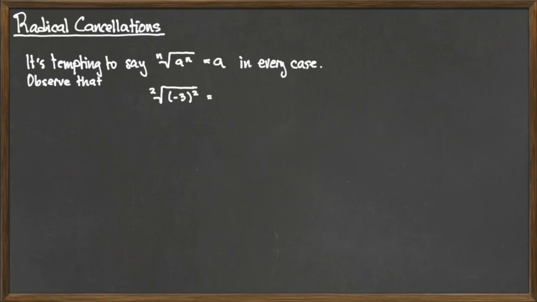Consider the following. Suppose I'm taking the square root of negative 3 squared. This turns into the square root of 9, which is just 3, but the starting and stopping positions were not the same. It's more accurate to say that I ended at the absolute value of negative 3, which happens to equal 3. Some care needs to be taken because subtle things like this can happen.